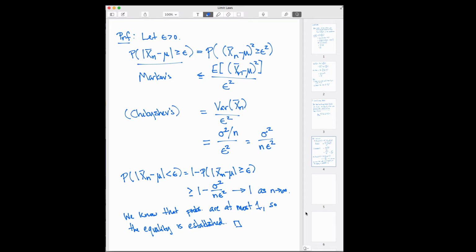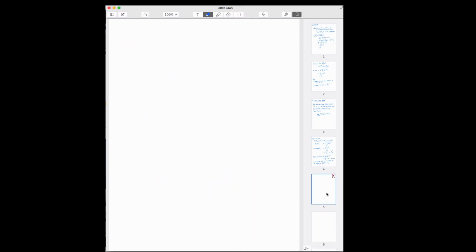And so now we need to work on interpreting what the law of large numbers is saying, what that weak law of large numbers is saying. And so now let's just talk about remarks. And there are a number of remarks I'd like to make here. The first is what the weak law actually says.